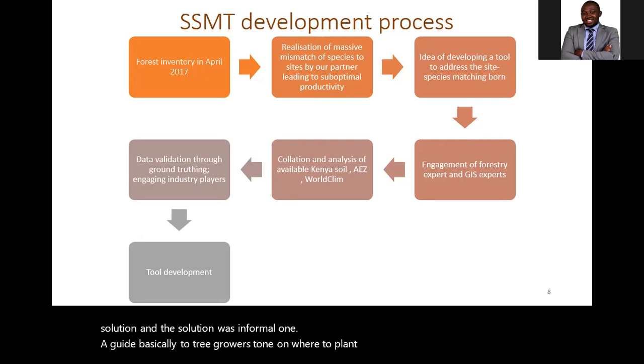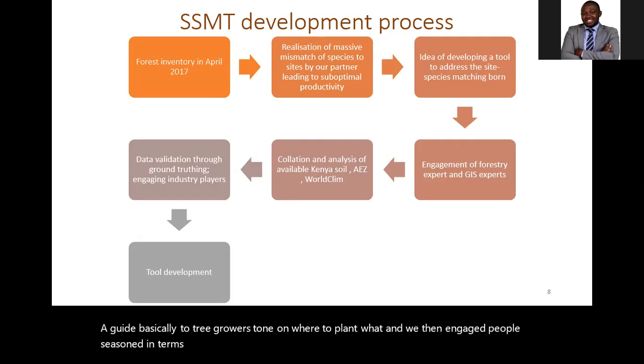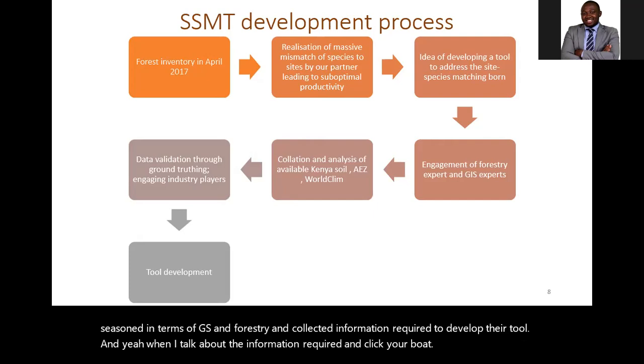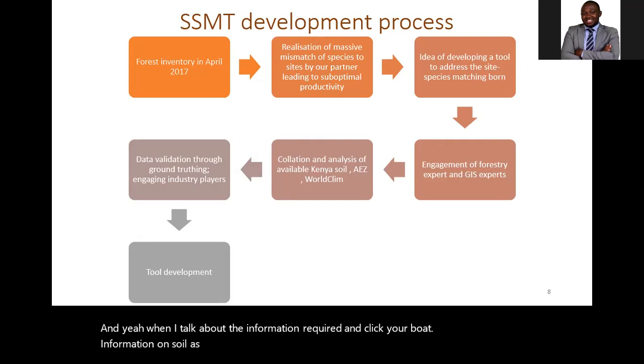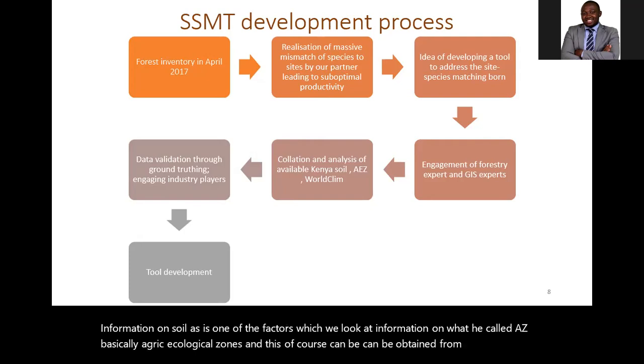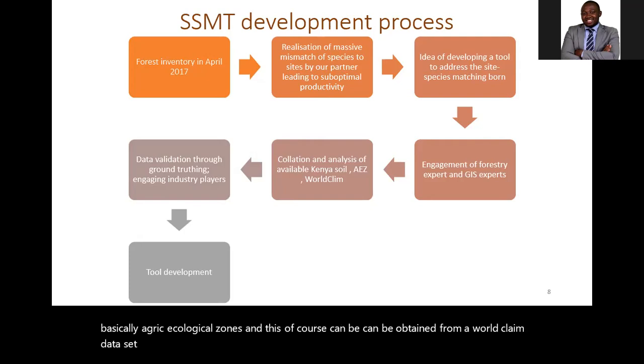And we then engaged people who are seasoned in terms of GIS and forestry, and collected information required to develop the tool. And here, when I talk about the information required, I'm talking about information on soil, which is one of the factors we look at, and information on what we call AEZ, basically agroecological zones. And these, of course, can be obtained from a world climate data set, and we're working on those and trying to match them to different trees.